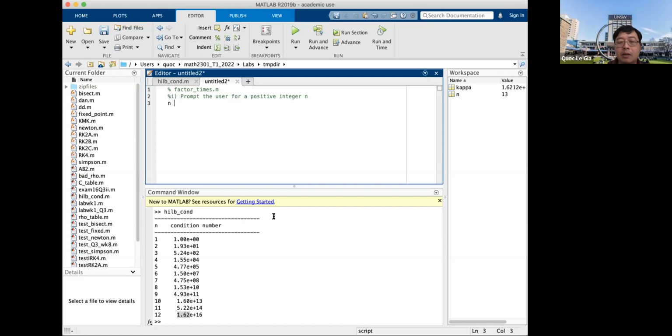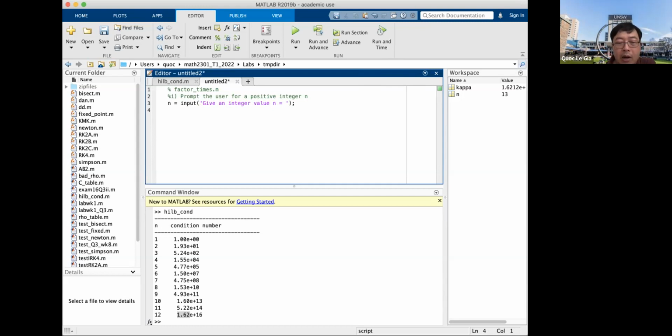So n is just equal to input, and then you just say, give a value with an integer n. Just value n equal something. Okay, that you get n.